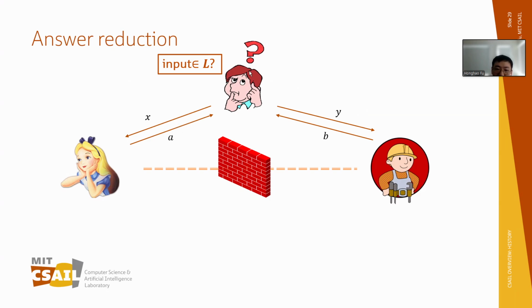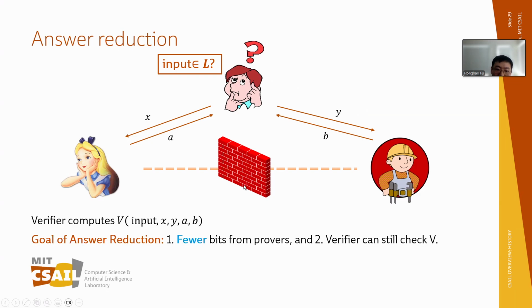But if for some reason the verifier doesn't want to read the long answers, it's going to apply answer reduction. The goal of answer reduction is to make sure the verifier only needs to read fewer bits from the prover, but at the same time can still check its verification predicate, maintaining the completeness and soundness guarantees of the original verifier.